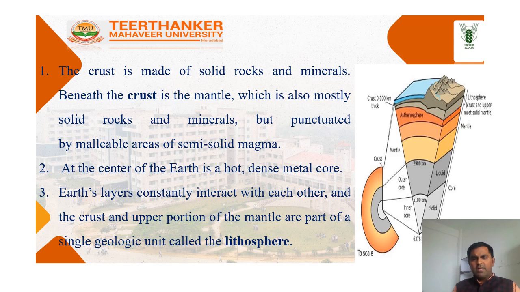This crust is made of solid rocks and minerals, which is the most important, because your soil originates from these rocks and minerals, and they are part of the earth crust, which is part of our planet. That is the step by step process.